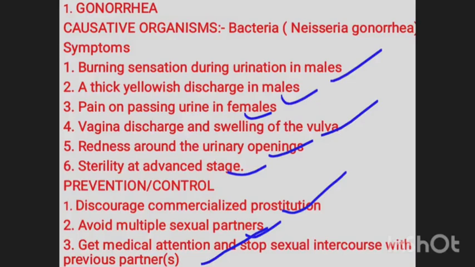So one way to prevent it is to avoid multiple sexual partners, stick with your partner, or get medical attention and stop sexual intercourse with the particular partner that you are having intercourse with. These are the ways to control and prevent gonorrhea.